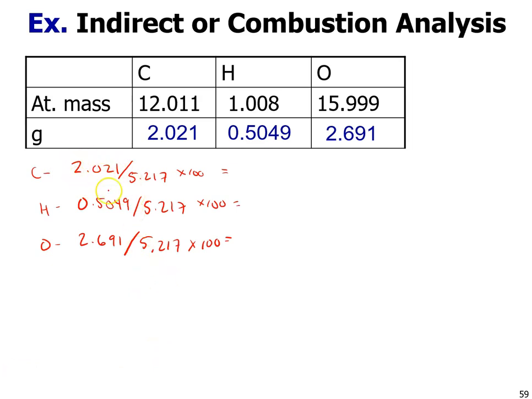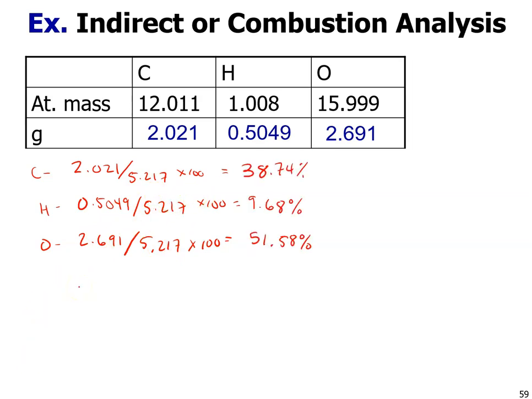Remember, I take the value I calculated, the 2.021 grams of carbon, divided by the total grams, 5.217, multiplied by 100. I do the same with hydrogen and with oxygen, dividing by the total to get my percentage.